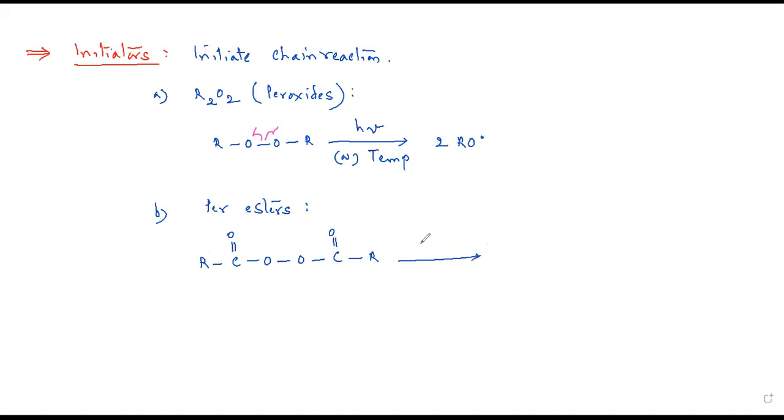Now even these, in the presence of sunlight or UV light, undergo homolytic fission to form these free radicals which initiate the chain reaction. Now these are the initiators. Of course, there are inhibitors which slow down or even stop the reaction.